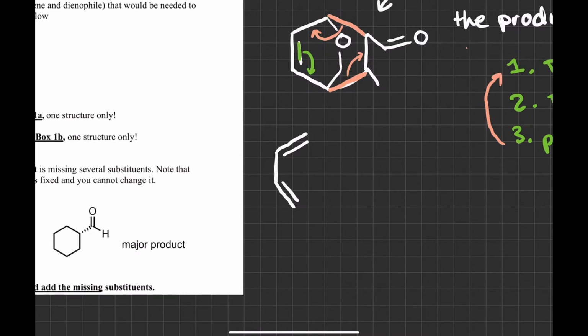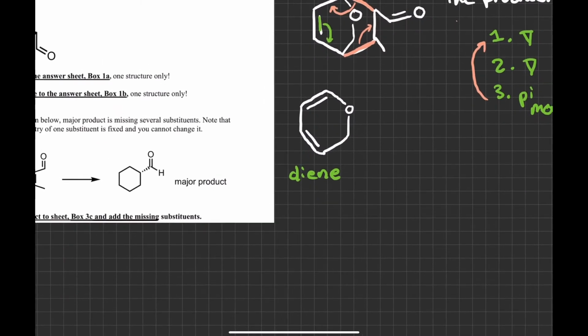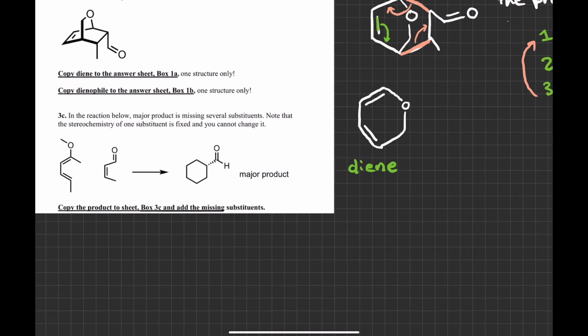So let's flatten out the bridgehead structure. And this is our diene. How do we know this? Well, there are 2 double bonds present between carbons. And this is our answer for 1A.